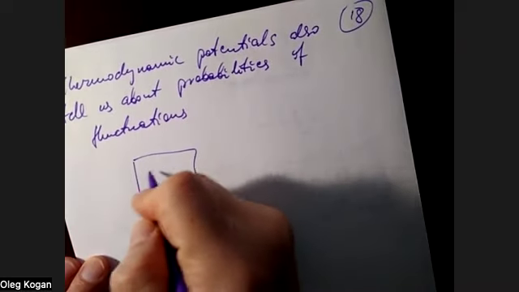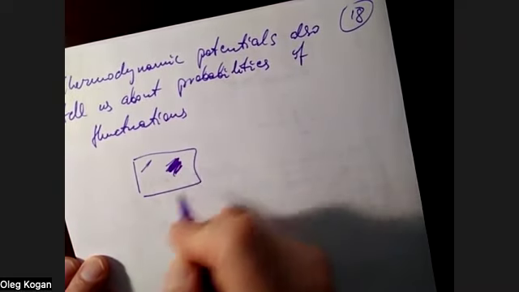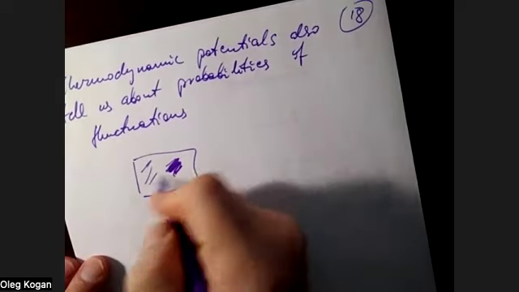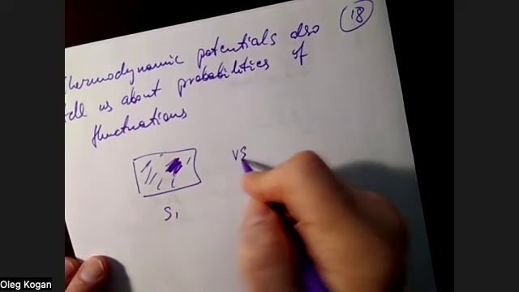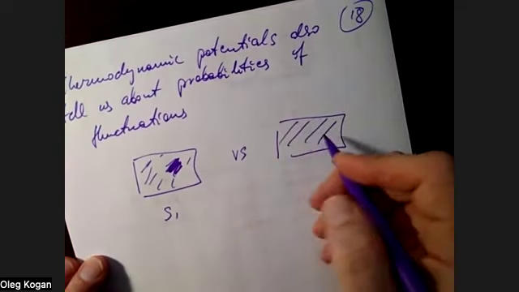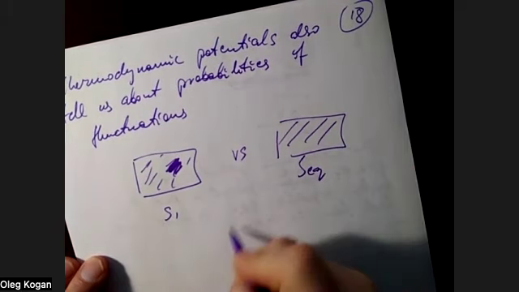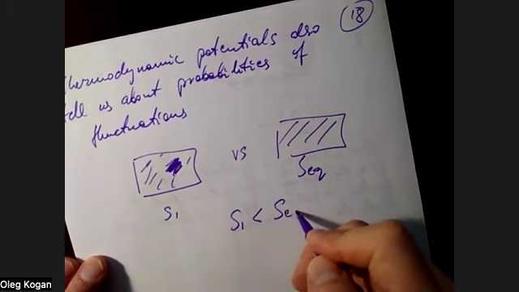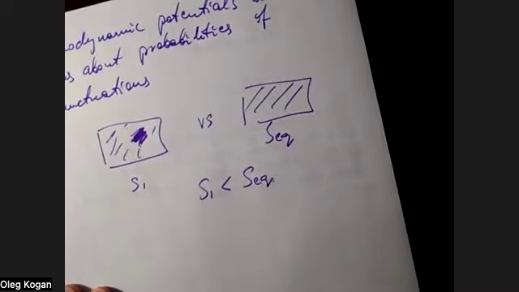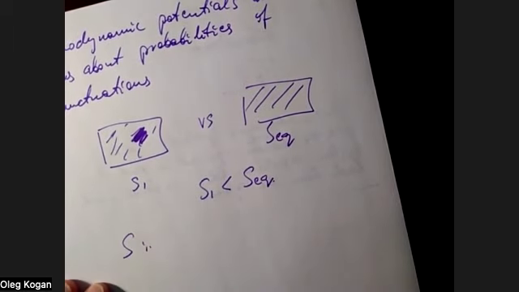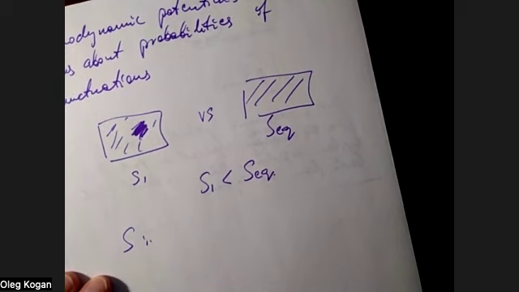So when we have some kind of uneven density, this corresponds to entropy S1 versus the even density. This is the equilibrium entropy, and S1 is less than S equilibrium. So S as a function of distribution of internal macro variables is maximized in equilibrium.